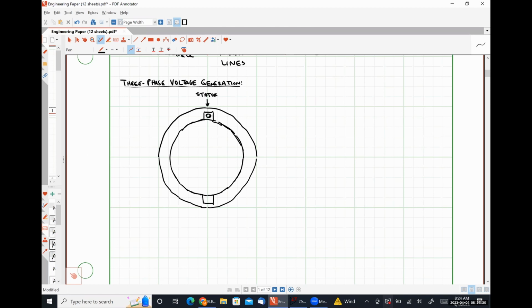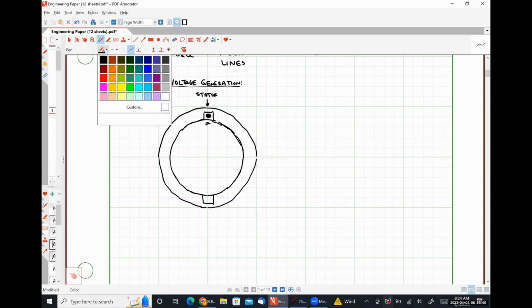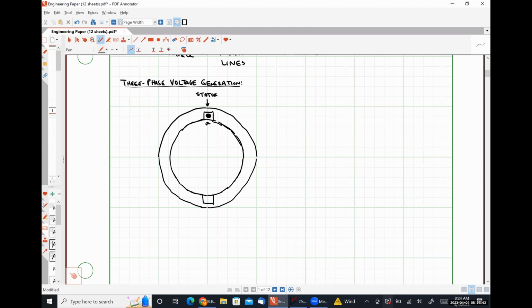I'm going to put a black dot in this one and a little label A. I'm going to put a gray dot in this one and the label A prime.